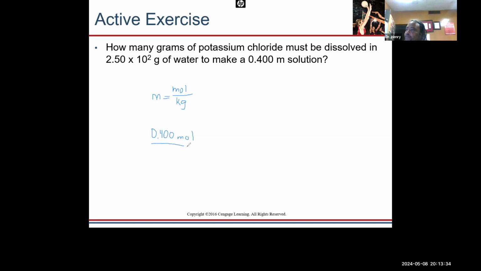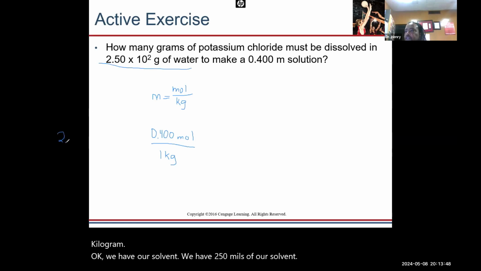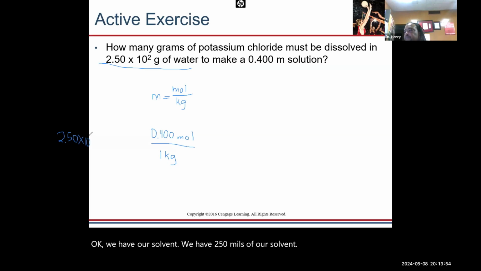And that's going to be 1 kilogram. Okay, we have our solvent. We have 250 of our solvent, and that's in grams, so we need to make sure our units match up.